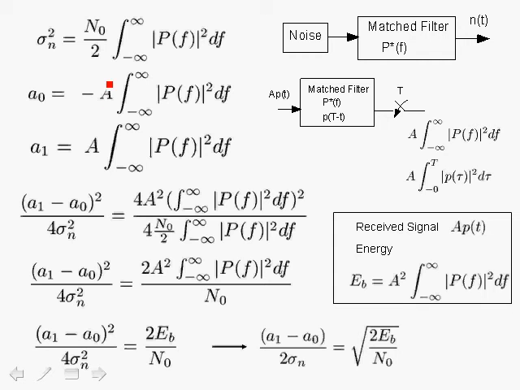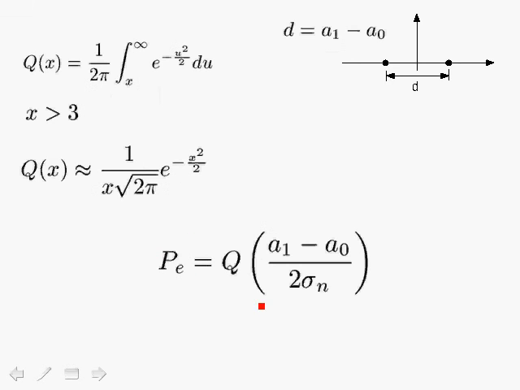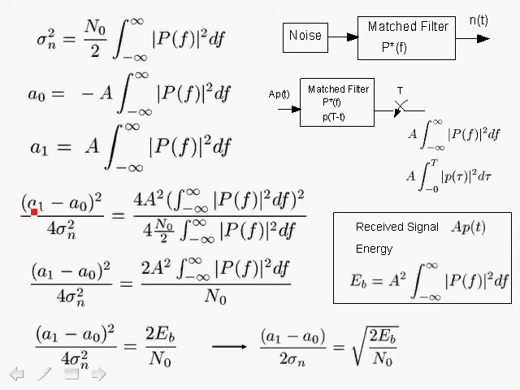So what we need to do is then substitute for a0 and a1 in the expression for the probability of error over here, and also substitute for the RMS value of the noise. Now, it'll be convenient to actually square this term as shown over here, and then substitute for a1 and a0.